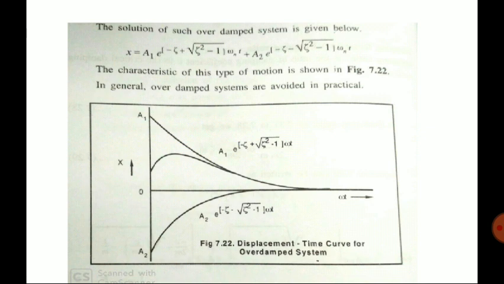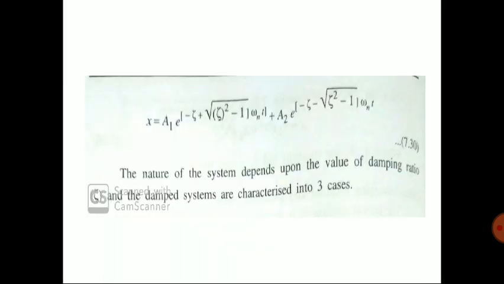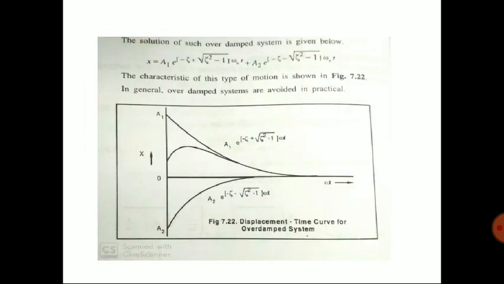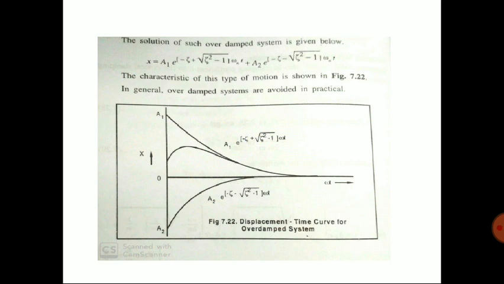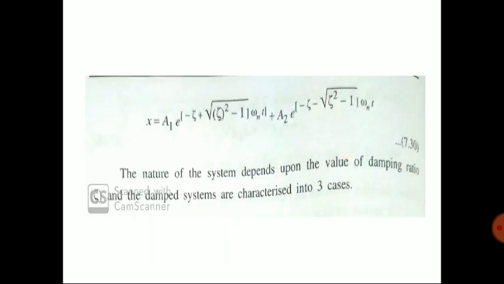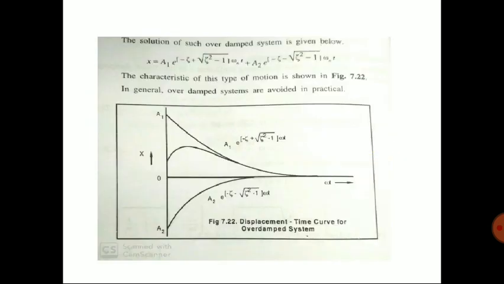First we are going to the over damped system. Over damped system means here the theta value is greater than 1. So the two equations we are substituting, we are getting two values here, with theta greater than 1. The two equations we are getting here are the case of the over damped system.